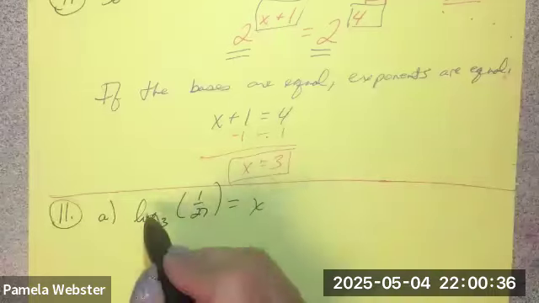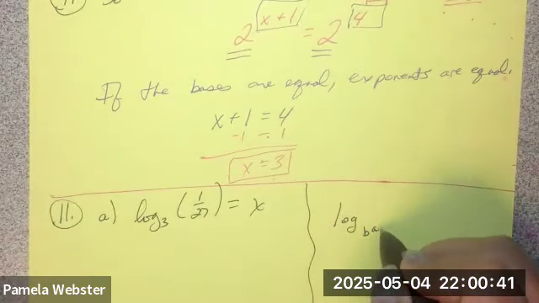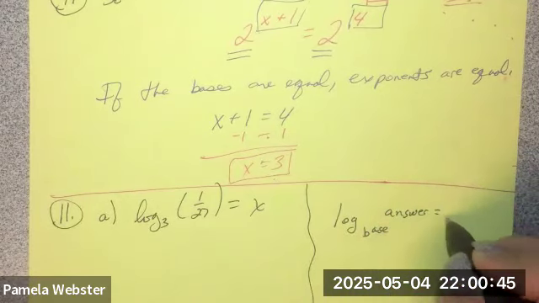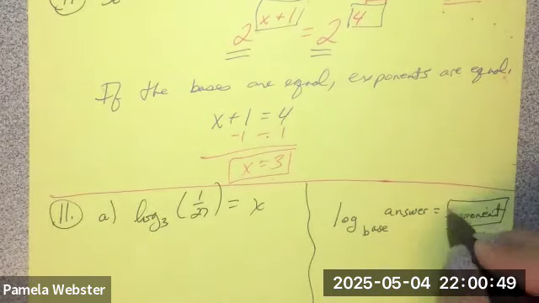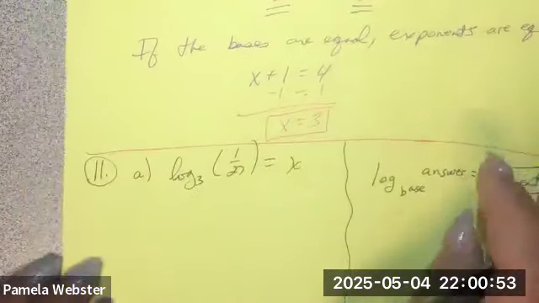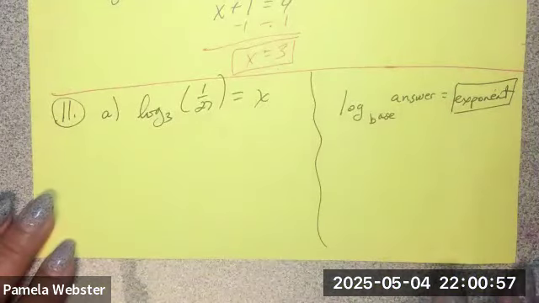What do you think? Remember, log base answer equals exponent. A logarithm is a really fancy way to write an exponent. Hopefully we remember that, right? Okay, so log base answer equals exponent.